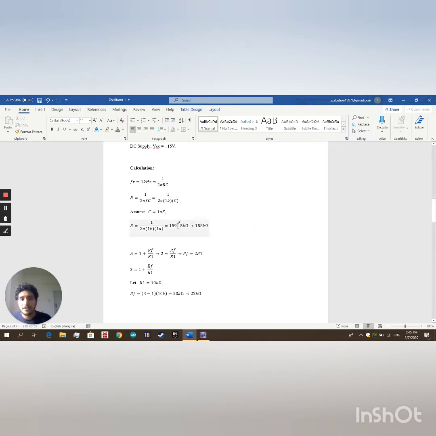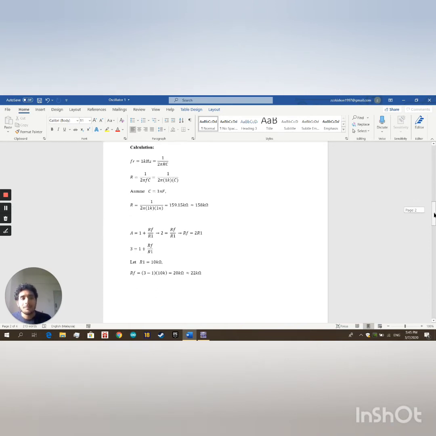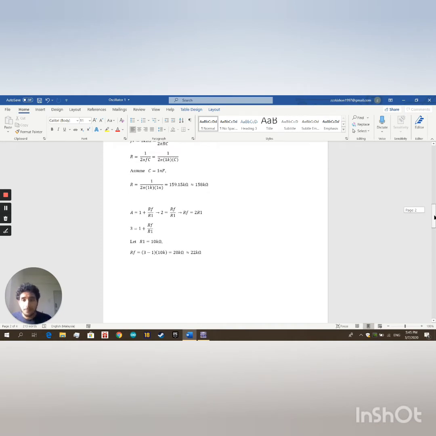First I need to find the resistance value. I assume the capacitor value as 1 nanofarad. By using this formula, I computed the resistance value as 158 kilohertz. Sorry, 158 kilo ohms.